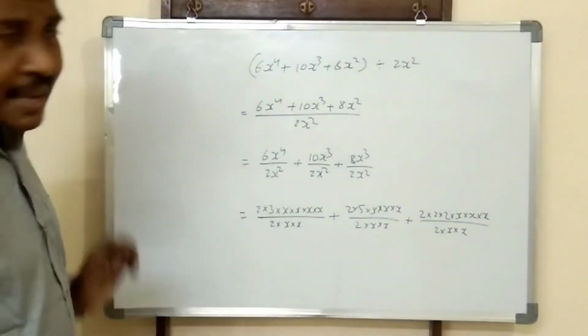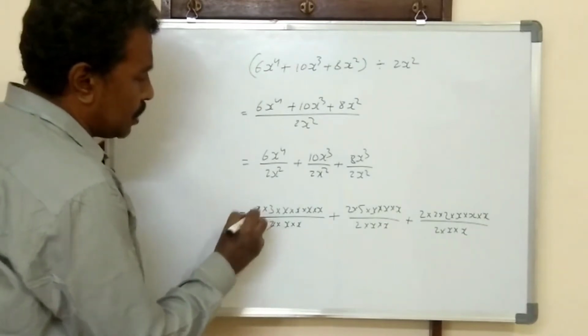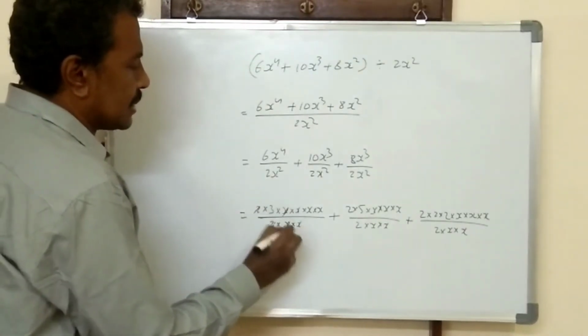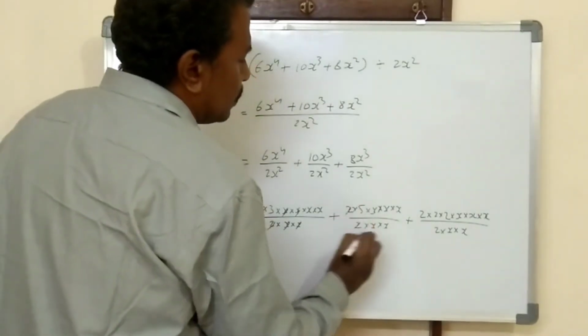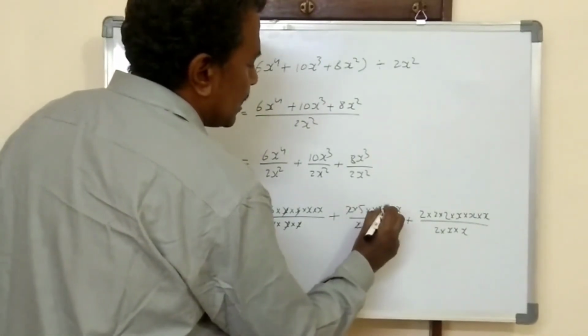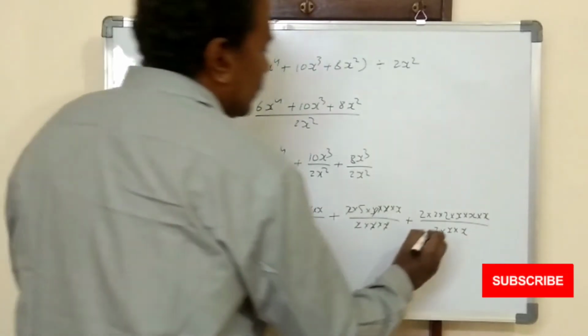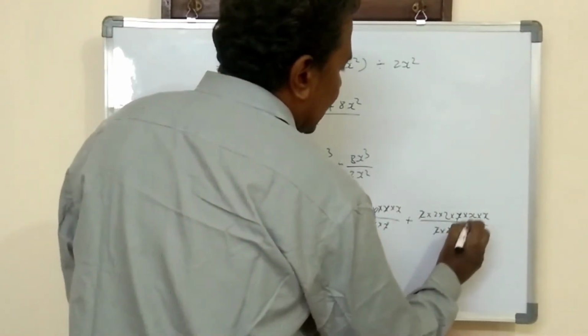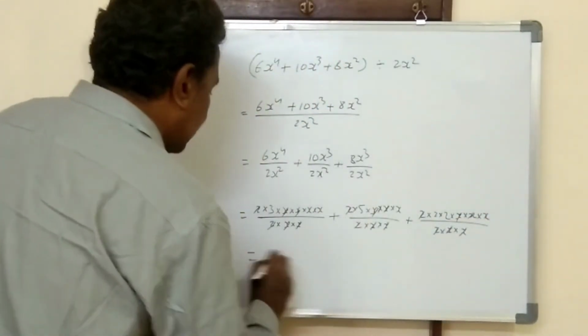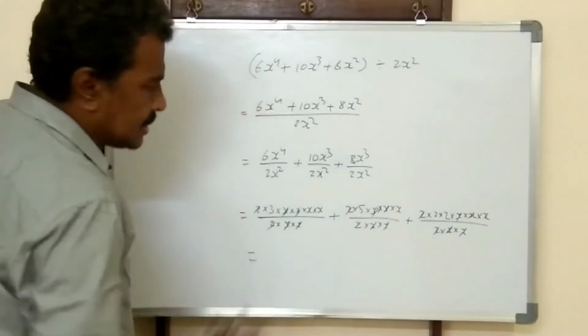Now do the necessary cancellation. Here the denominators all got cancelled.